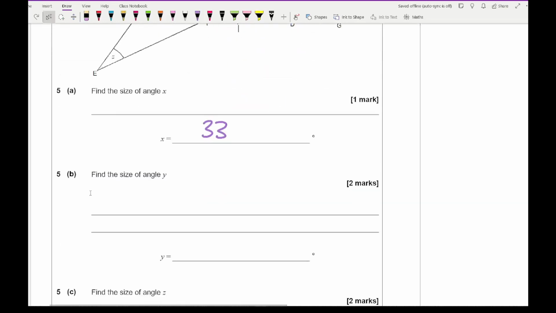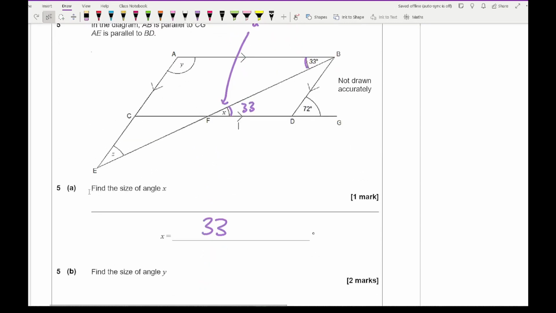It then says find the size of angle Y. So to find the size of angle Y, let's have a look at what we need to know. Well, we know that this angle here is on a straight line, so that's going to be 180 minus 33, which gives me 147.